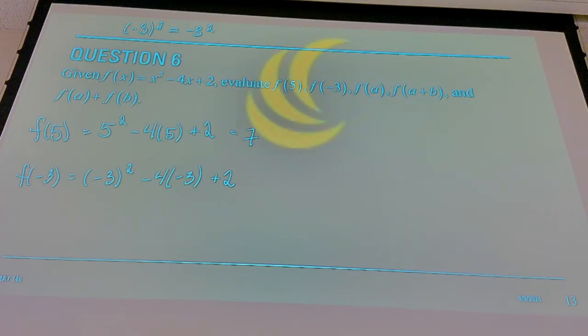Is that a true statement? No, it's not. The left-hand side evaluates to what? What about the right-hand side? Negative 9. That's why I mean replace it carefully.